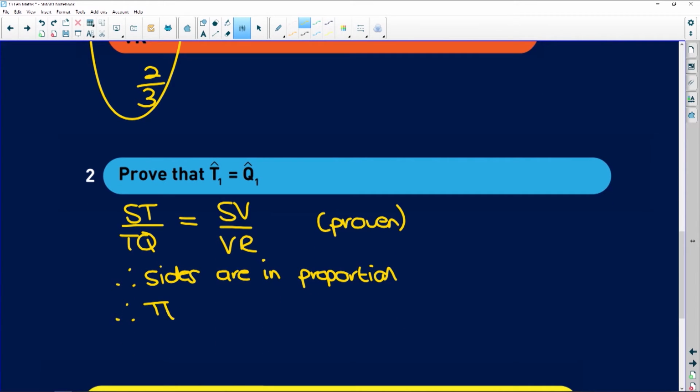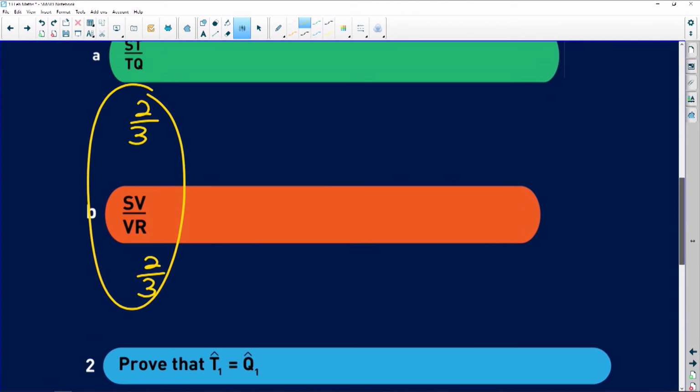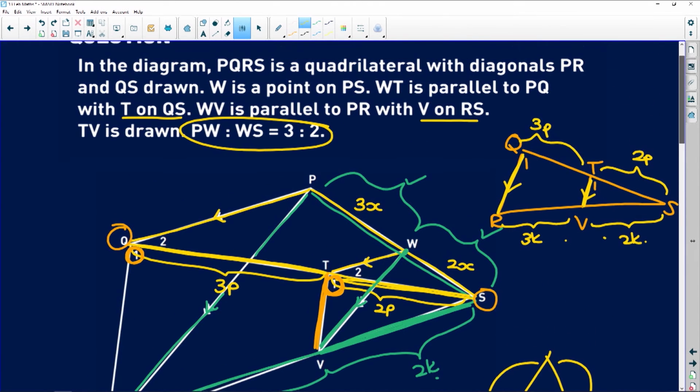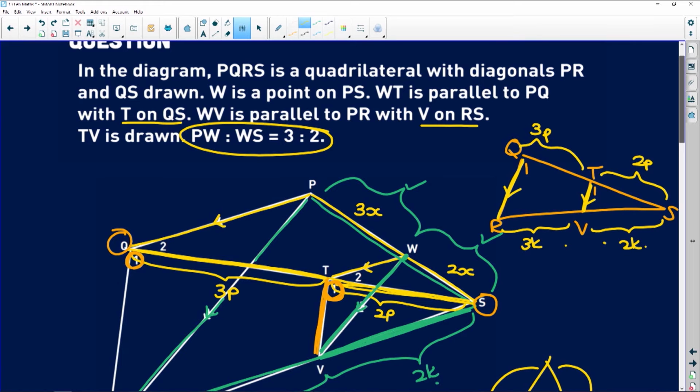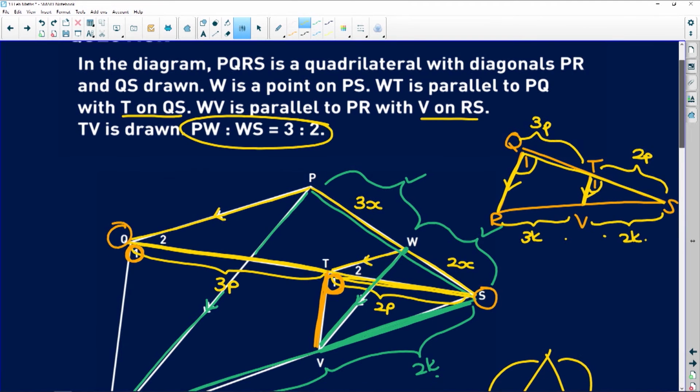Therefore, TV is parallel to QR. And give a reason, guys. Sides in proportion. Okay. Why did we establish this parallel relationship? Well, now, if we look at our triangle over here, if we have a transversal cutting parallel lines, we know that the corresponding angles are equal to each other.